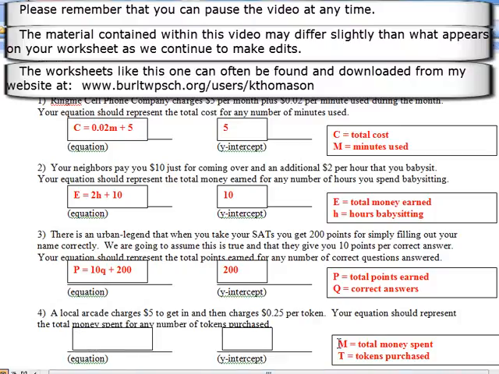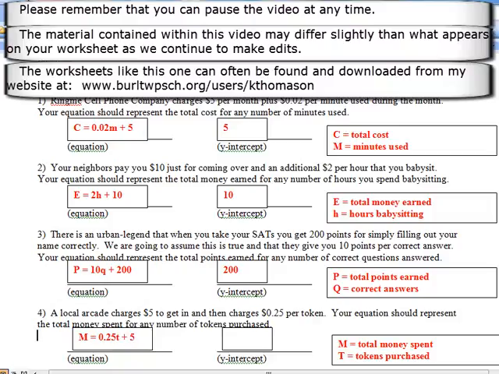So we're trying to figure out how much total money we spent. So our equation should look like our total money spent is going to be generated from 25 cents per token plus the $5 we had to spend to get in.